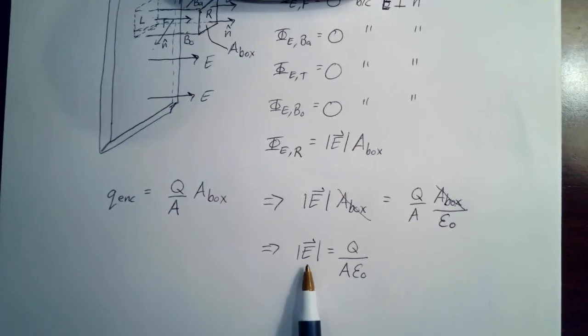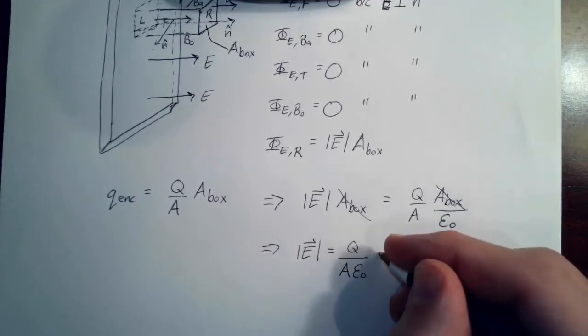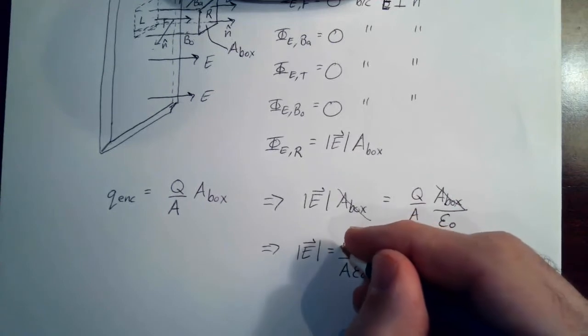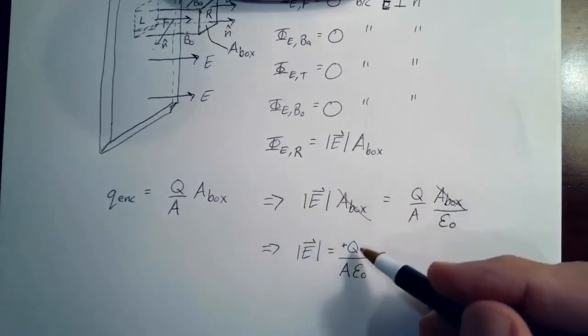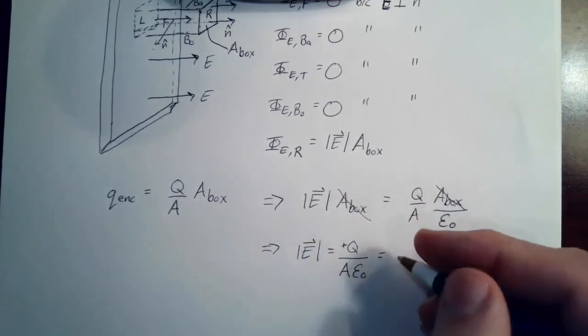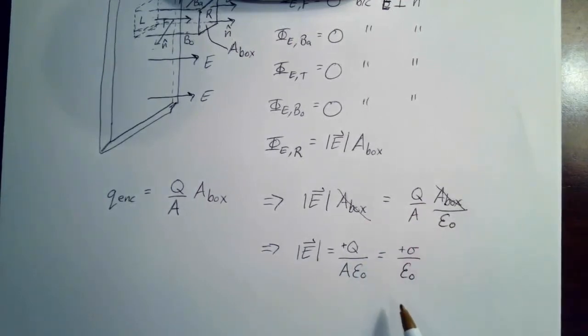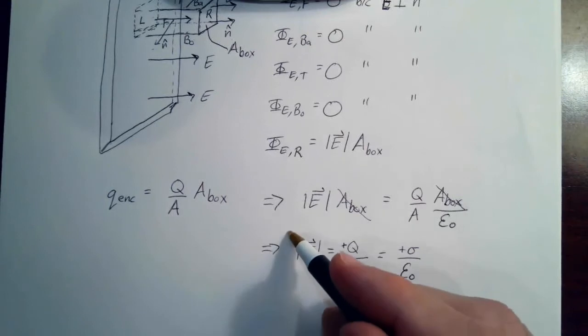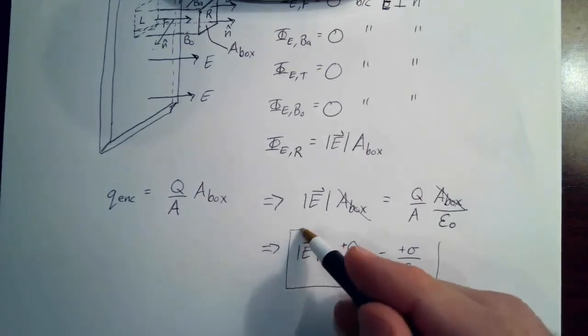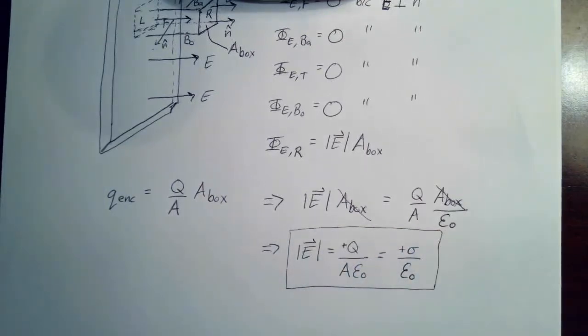So our result is that the electric field in the space between the parallel plates is Q over A epsilon naught, where Q is a positive Q. In the past, remember, we called Q over A, the charge per area, sigma, so this is sigma over epsilon naught. This is the exact formula that we have seen before for the electric field between parallel plates.